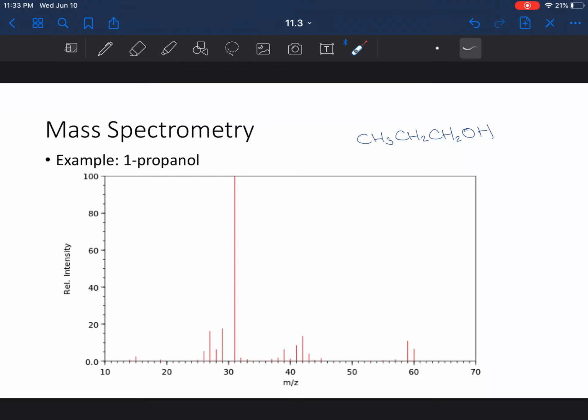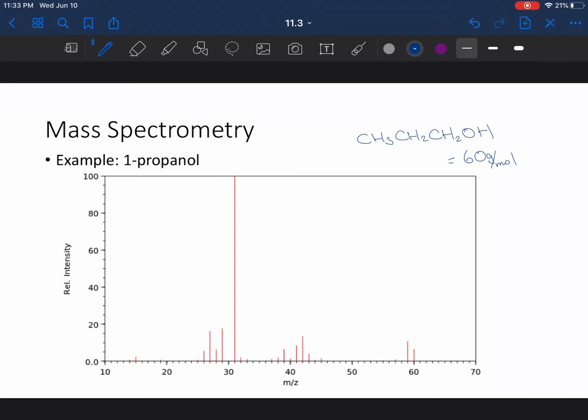Well, for most of you, you would think, of course, this is the most important. The very, very last one. Why? Because the very, very last one indicates the molar mass of your compound.